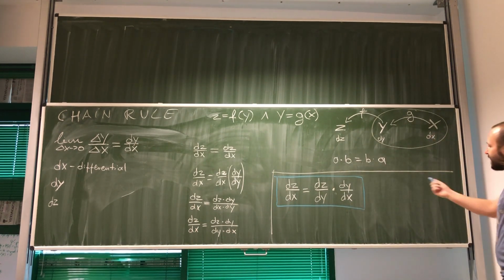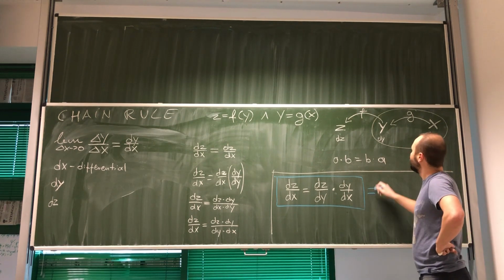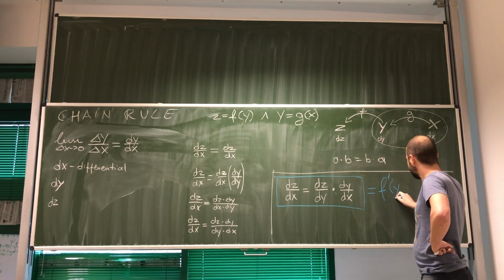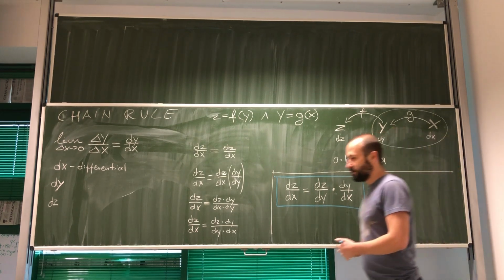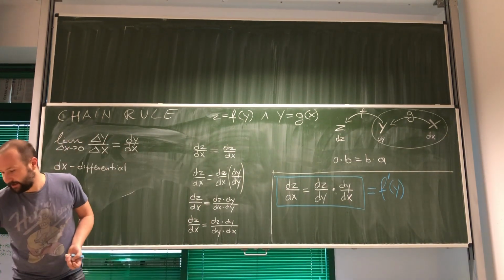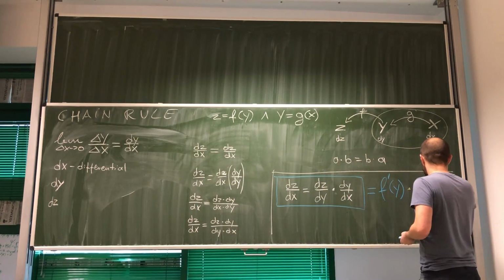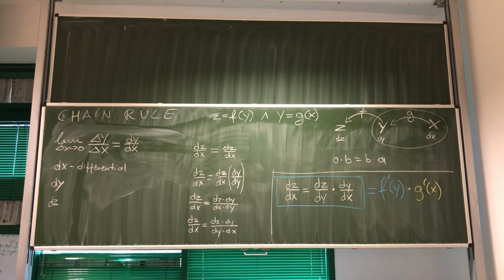In other words, we will be calculating derivative of function z with respect to y and multiplying it by derivative of function y with respect to x. And this, in a nutshell, is the entire chain.